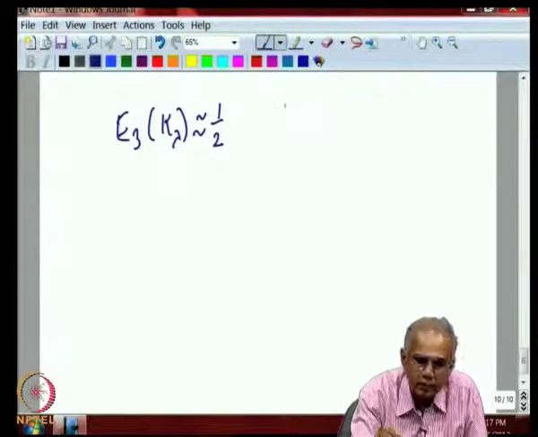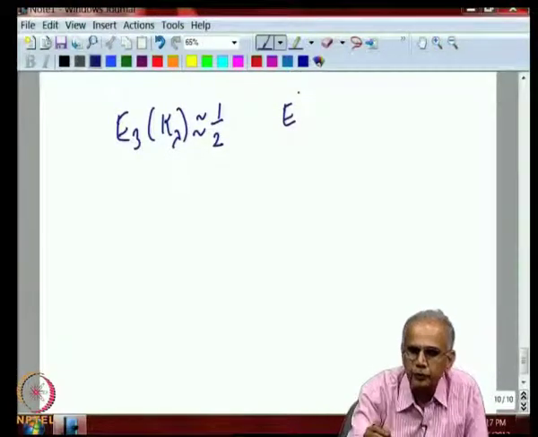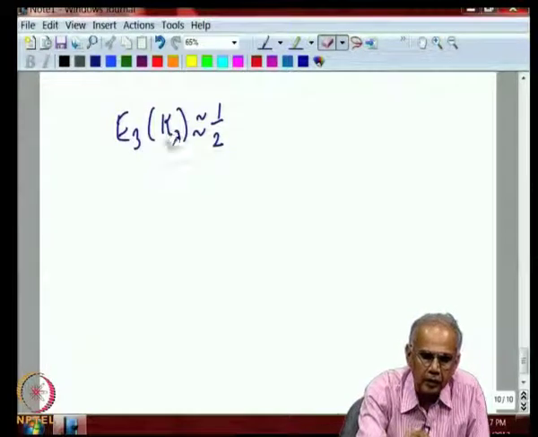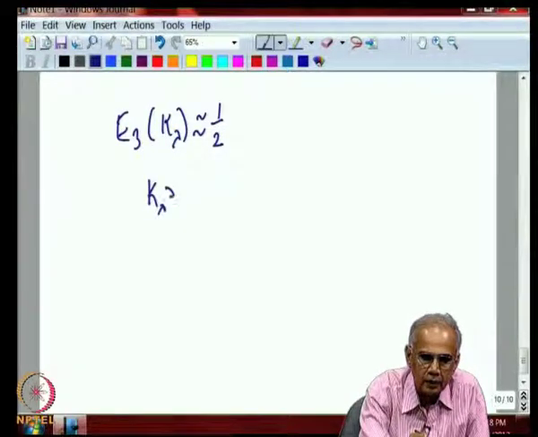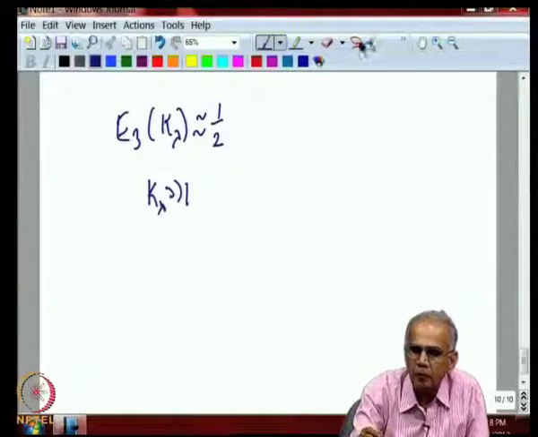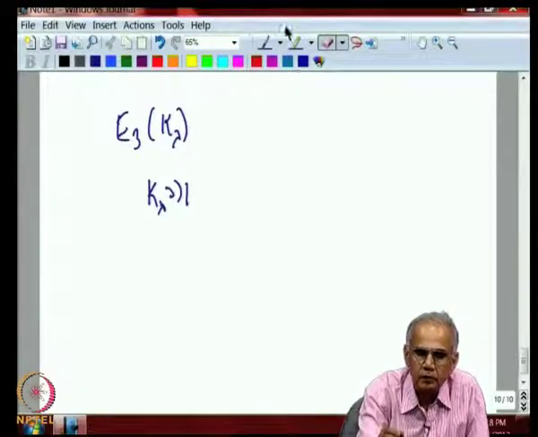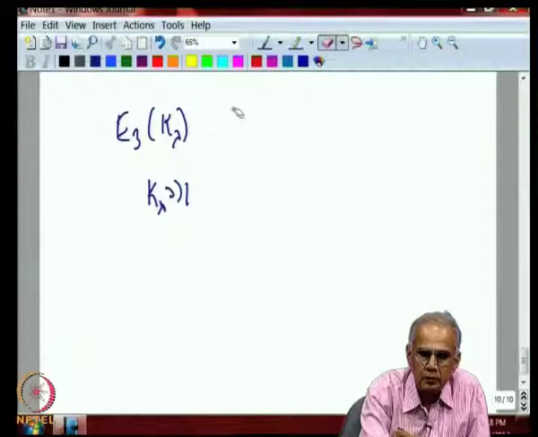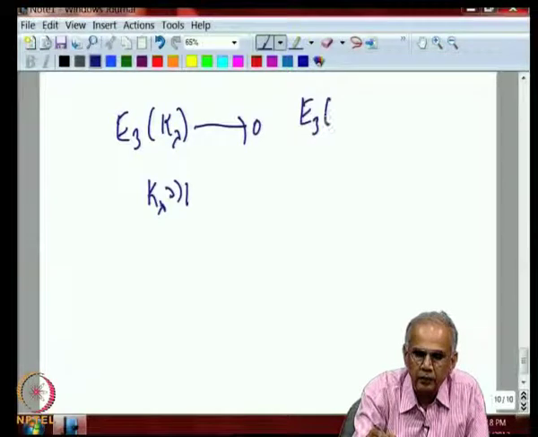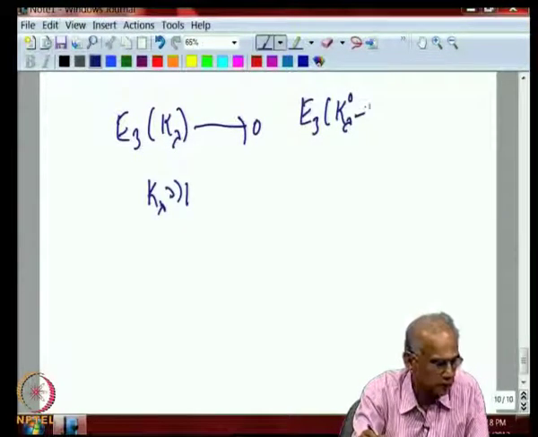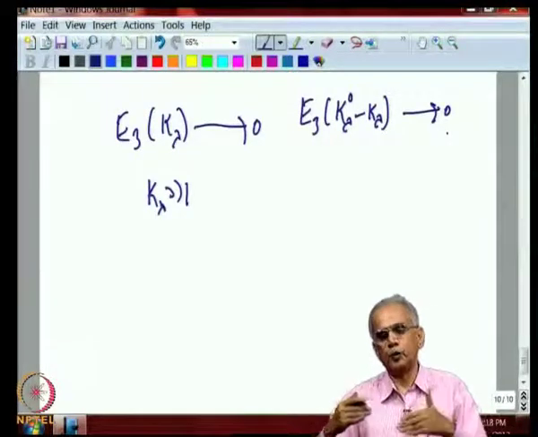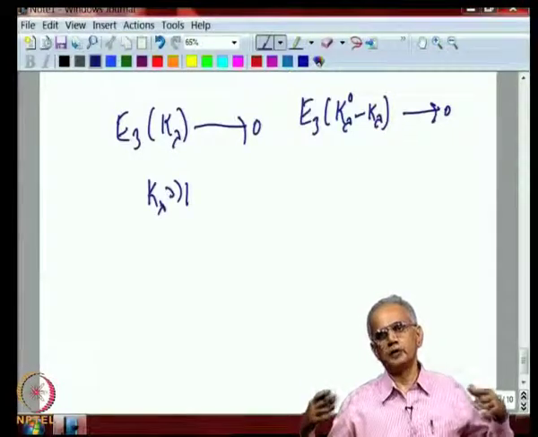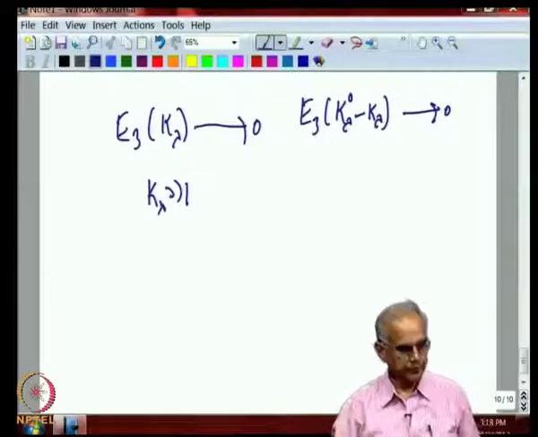Because kappa lambda 0 is very large, this quantity tends to 0. Same thing is true of E3 of kappa lambda 0 minus kappa lambda, it also tends to 0. So, that means you are far away from the two walls, and so the radiation from the two walls is attenuated so much that you do not see it.